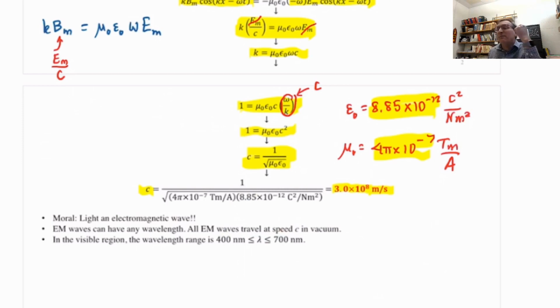I want to emphasize how important this result is. Imagine James Clerk Maxwell in the 1850s or so, roughly, doing these calculations for the first time. Everybody at that time knew about light, of course, and they even knew that the speed of light had been measured in experiments, difficult ones, because the speed is so fast, but they did it. And they knew that it was 3 times 10 to the 8 meters per second.